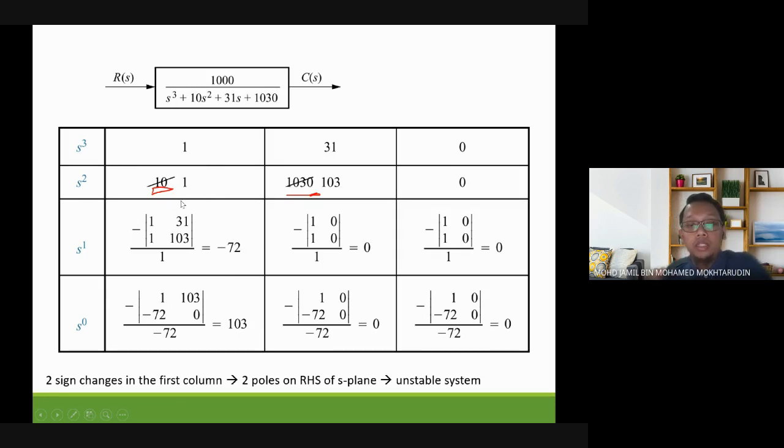So there is one sign change here. And then from row S1 to row S0, we have another sign change from negative 72 to positive 103. So there are two sign changes in the first column, meaning that there are two poles located on the right-hand side of the S-plane. And when there are poles on the right-hand side of the S-plane, the system is unstable. Okay, so that's how you generate the Routh table and analyze the Routh table.